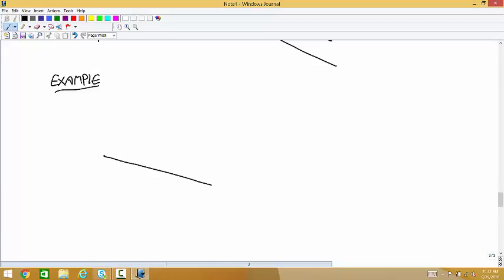So, okay, let's say that we have a rectangular sign, and it's connected to the wall by a pin joint.